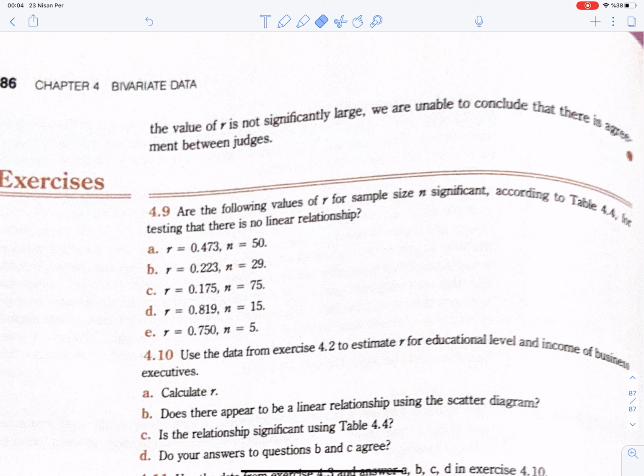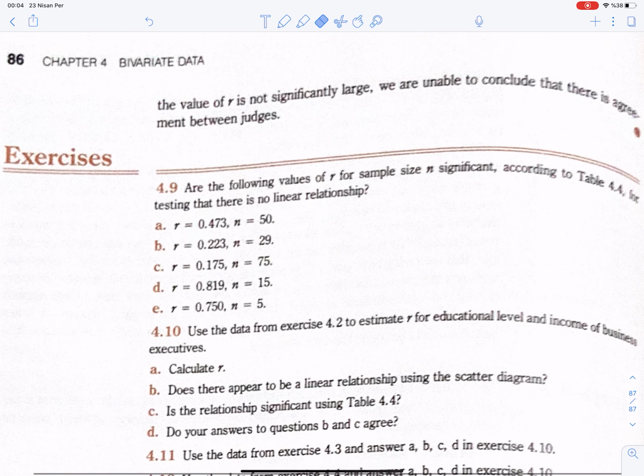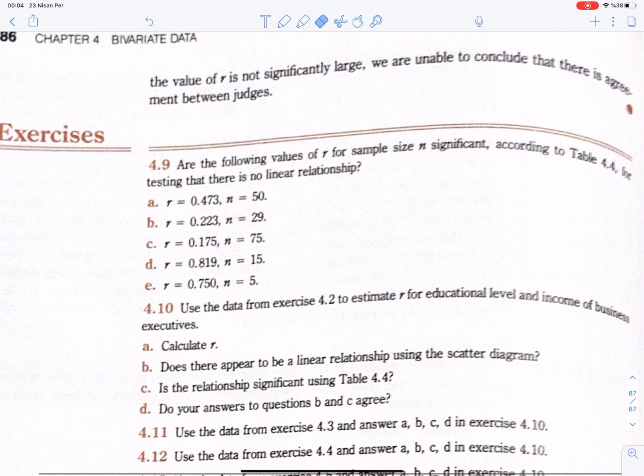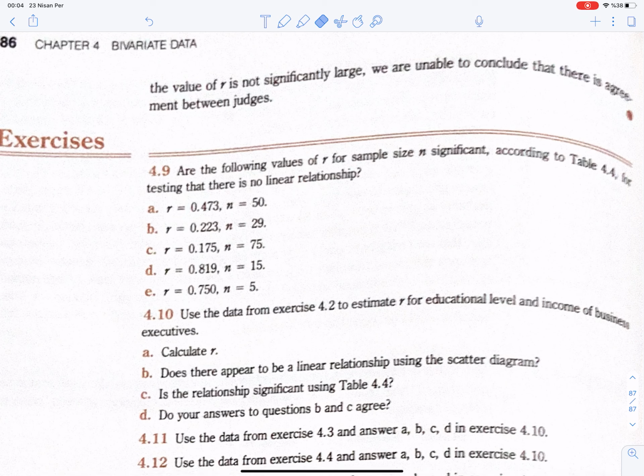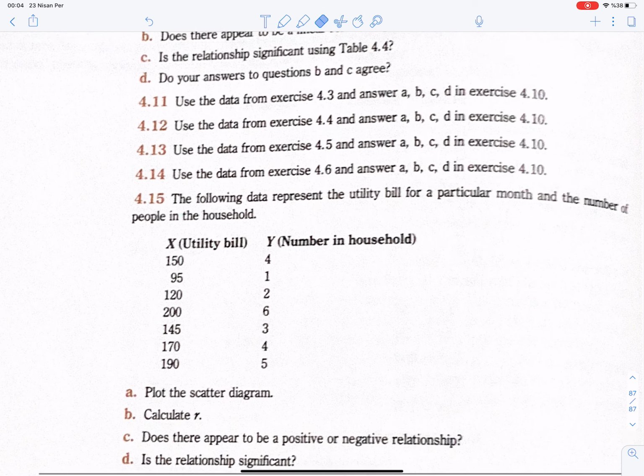And in this one the sample size is fairly large and the correlation is very small, so I will tend to reject the null hypothesis of no correlation. You won't reject the null hypothesis for R 0.175 for large sample sizes.